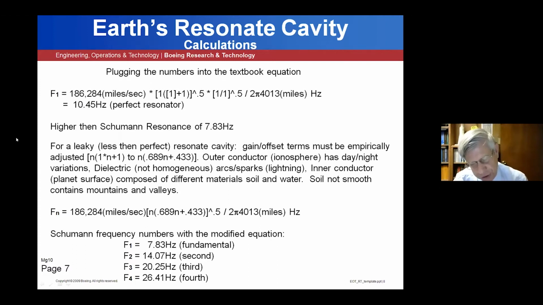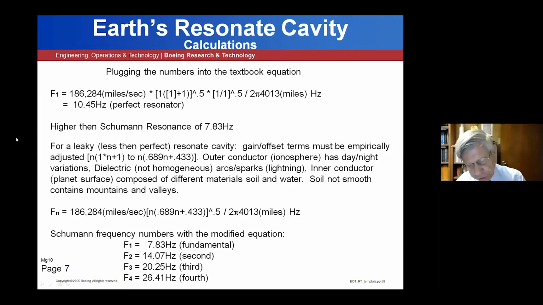So if you take the equation and tweak the gain and offset terms, back them down a little bit from 1 to 0.69 or 0.689 and 0.433, and rerun the numbers, it will come out exactly on the numbers as Schumann's resonance is given.